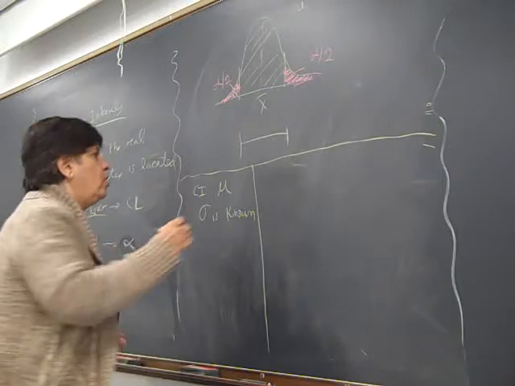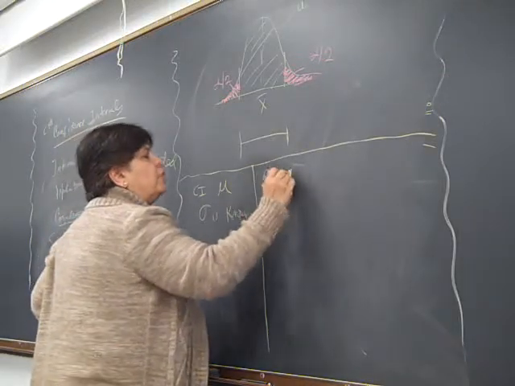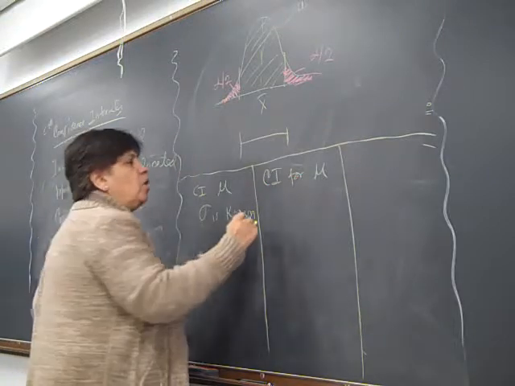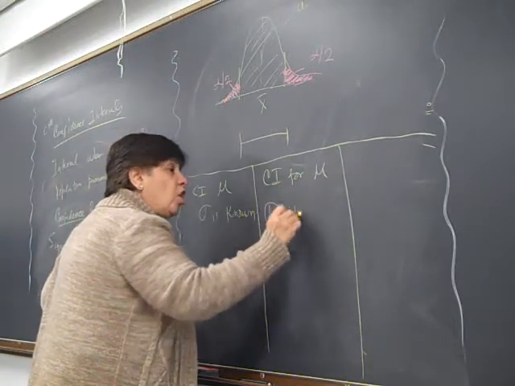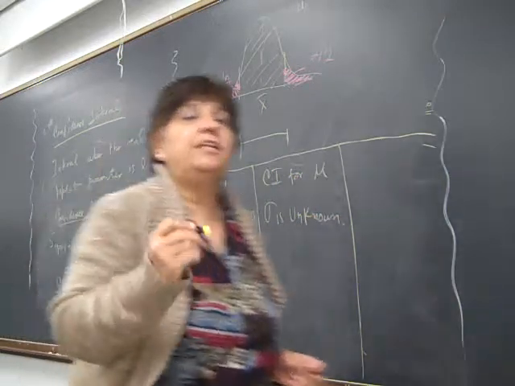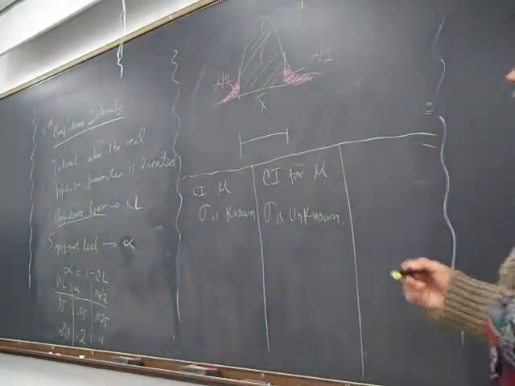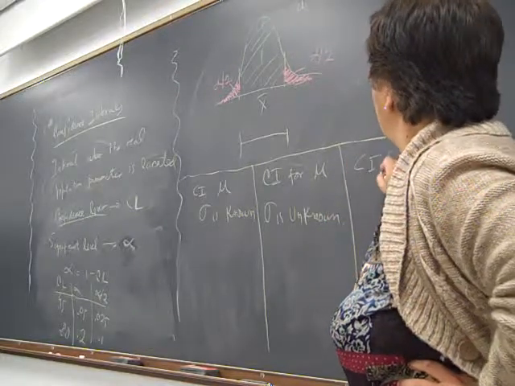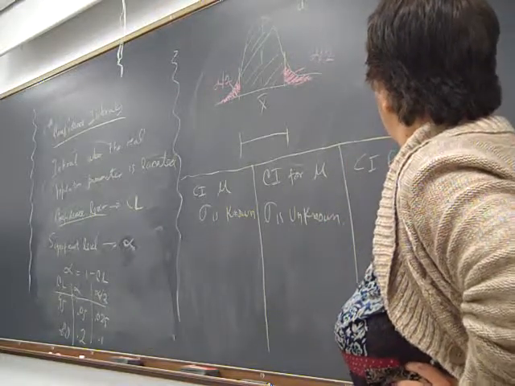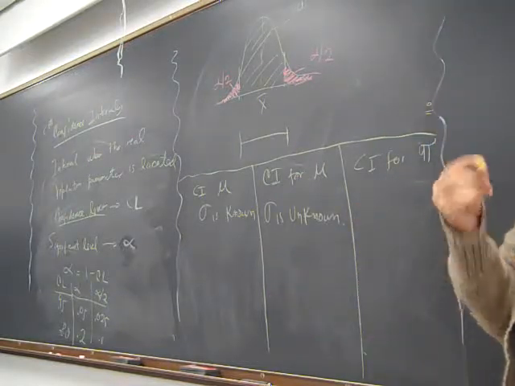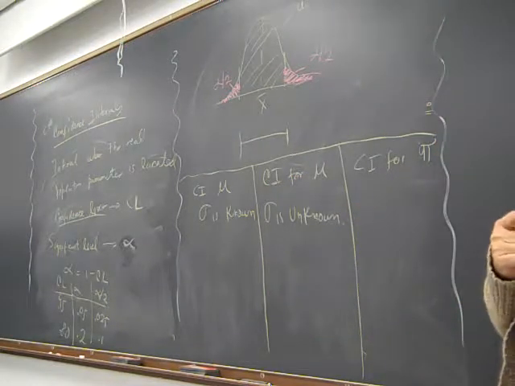The second one is the confidence interval for the mu, or for the population mean, when sigma is unknown, when we do not know the standard deviation of the population. And the third part is going to be the confidence interval for the proportion, for the population proportion.